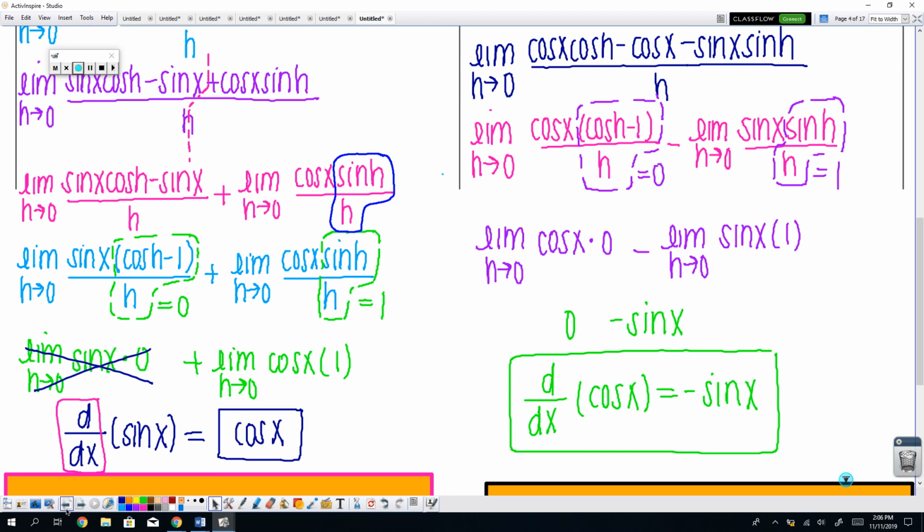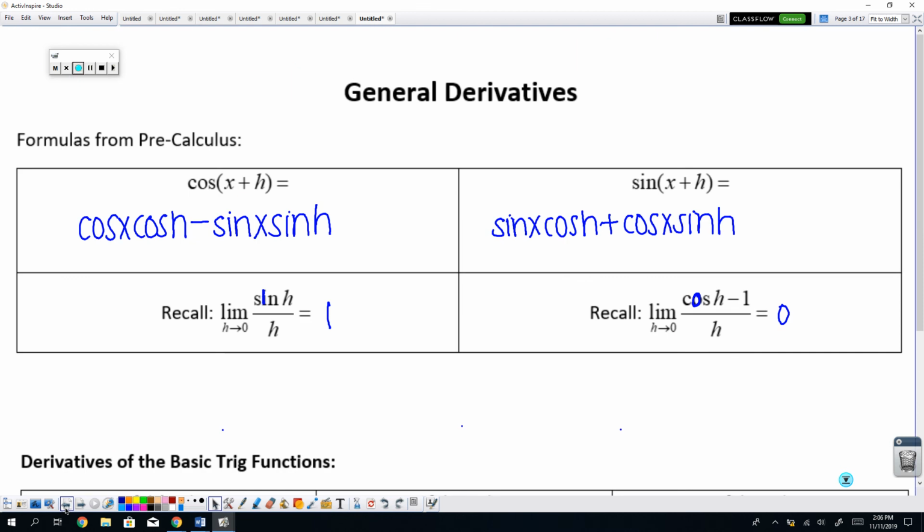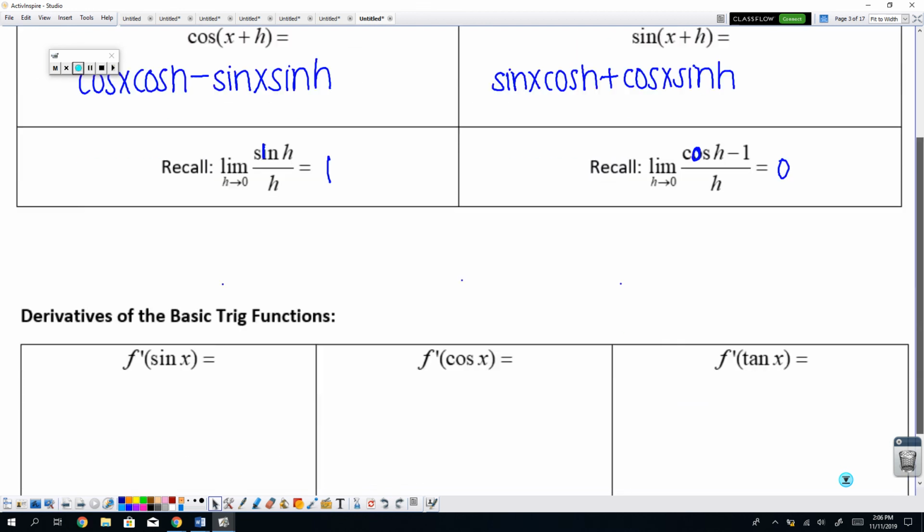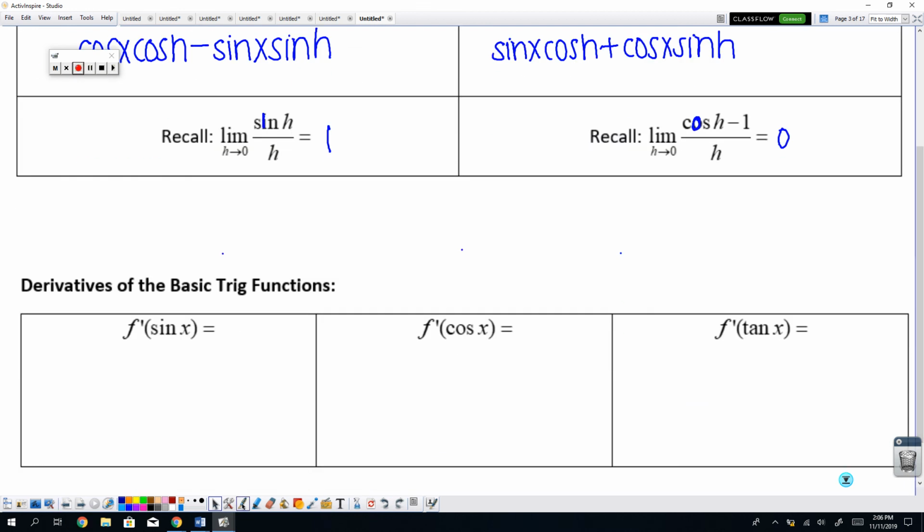Alright, now I'm going to go back and make sure we write down the derivatives because I know that that's underneath yours. So right here we have our basic trig functions. We just proved, and we should technically not write it like this, it should be d dx, the derivative of sine x. The derivative of sine x is cosine x. We just did that. And then the derivative of cosine x is negative sine x.